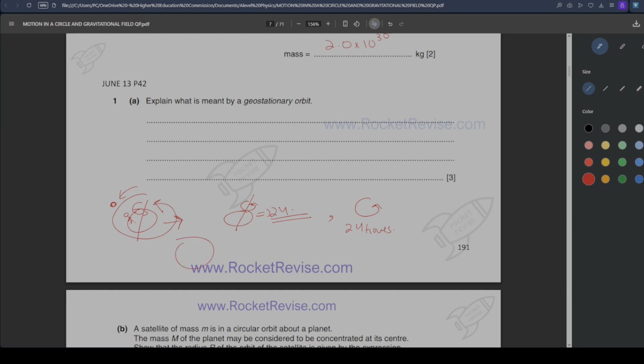That means the equator line, throughout the diameter, it has to make a proper circle around the Earth. So it's an orbit above the equator where the satellite moves in the same direction relative to the Earth's rotation with the same time period.